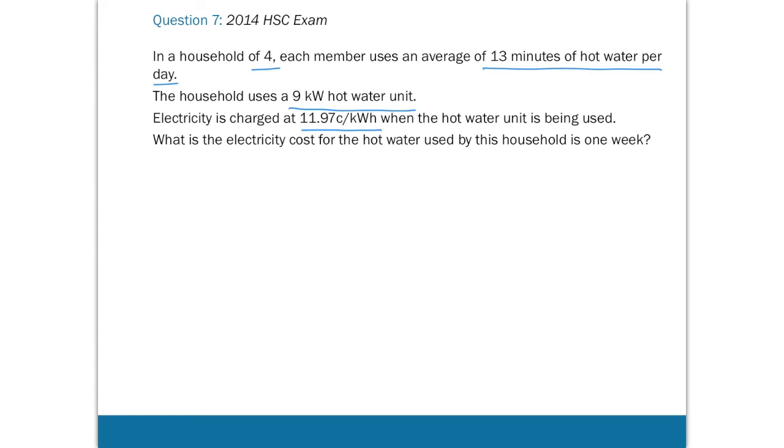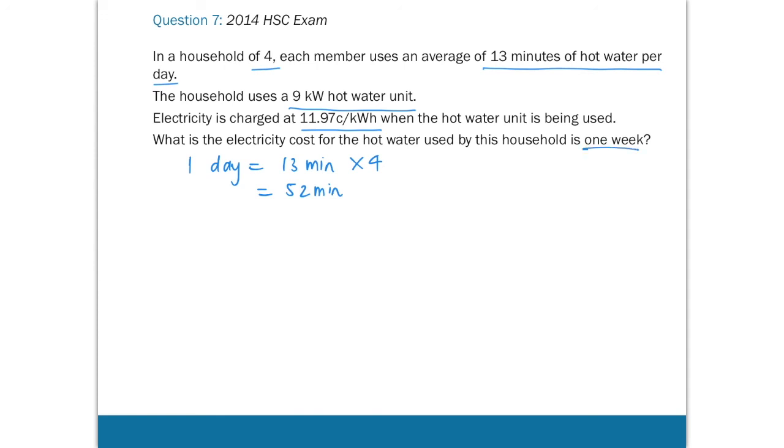So let's see. In 1 day, these people shower for 13 minutes each, and there's 4 of them. So that means in 1 day, the hot water is going for 52 minutes. And we want it for the week, right?